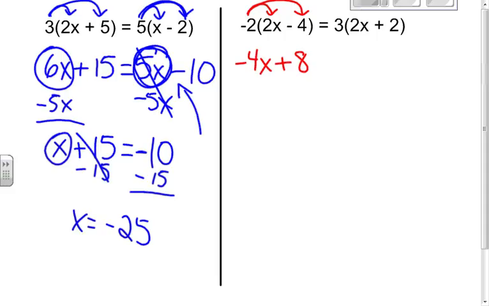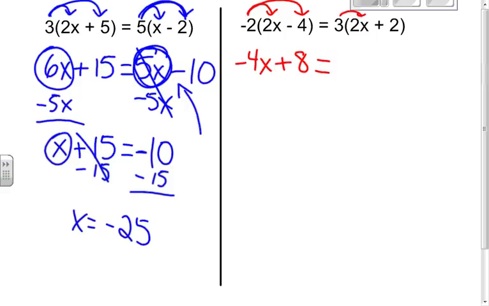Negative 2 times 2x is negative 4x. Oh, there's a minus sign, so I'm going to put that. And 2 times 4 is 8. And you're going to get this. Well, that's very different. This is wrong. So the trick when you're doing the distributive property is to multiply first and then write down the sign.